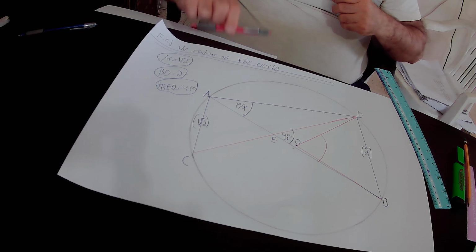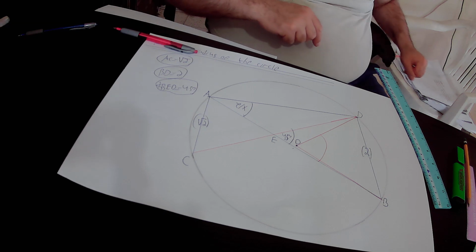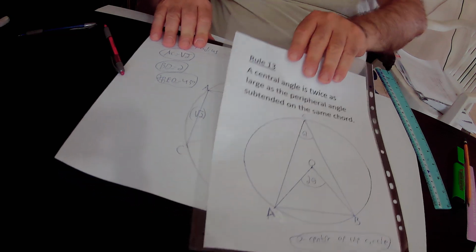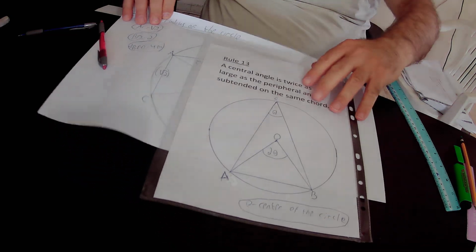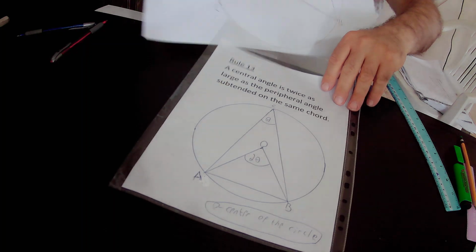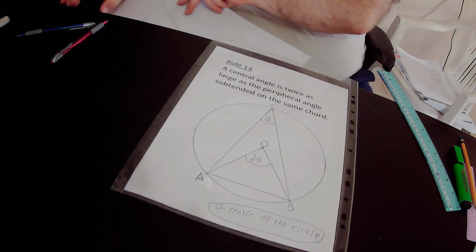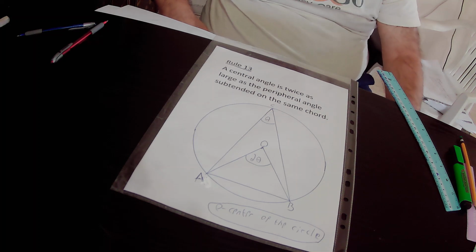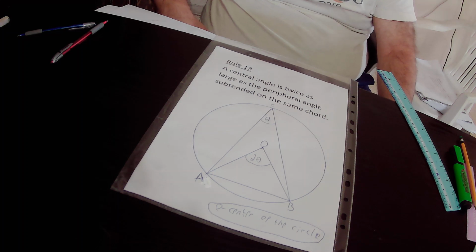Let me repeat quickly rule 13. According to rule 13, a central angle is twice as large as the peripheral angle subtended on the same chord.